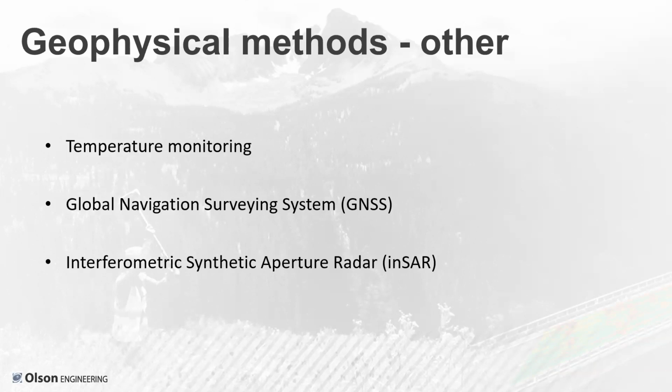And temperature monitoring, surveying of the top of the dam using global navigation satellite systems, and then interferometric synthetic aperture radar, InSAR, gets a brief mention here, which technically should be in the electromagnetic section, but I decided to put it here since it's less common and slightly different.